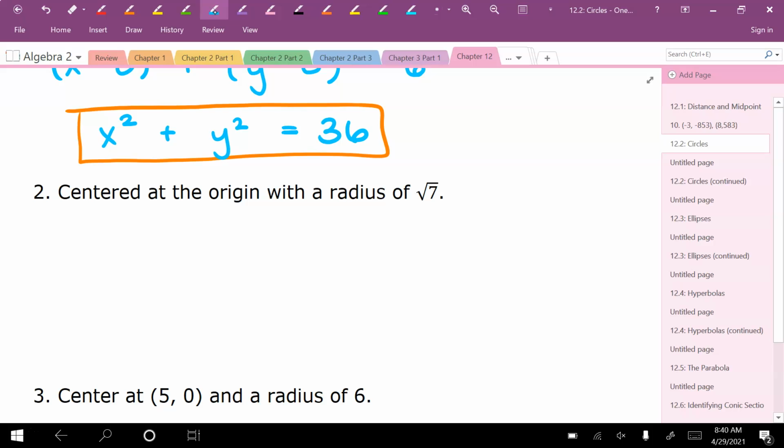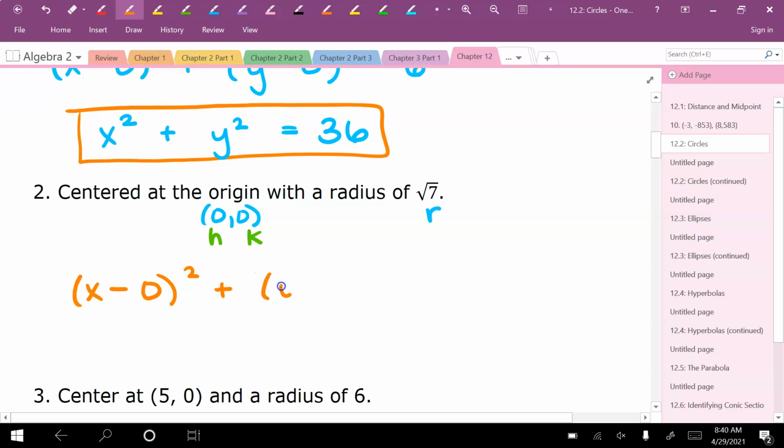So again, this one has the center at the origin, which means (0, 0). Your radius this time is the square root of 7. So 0, 0 is your h and your k. Just like that last problem, we're going to do (x minus 0) squared plus (y minus 0) squared. And then I'm going to take that square root of 7 and square it, because that's my r squared.